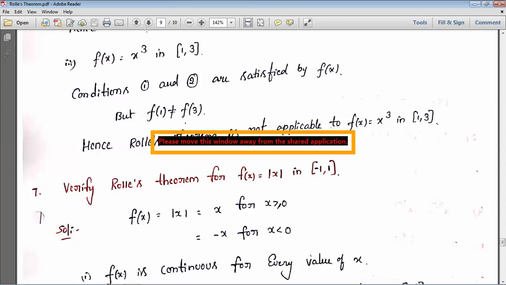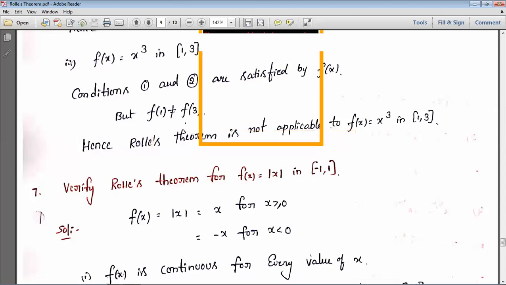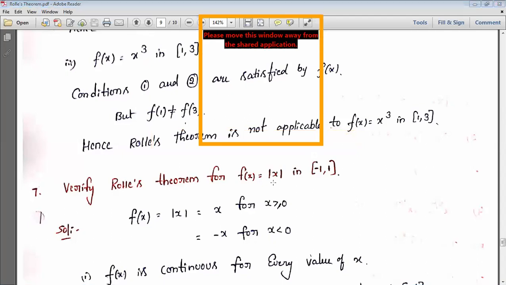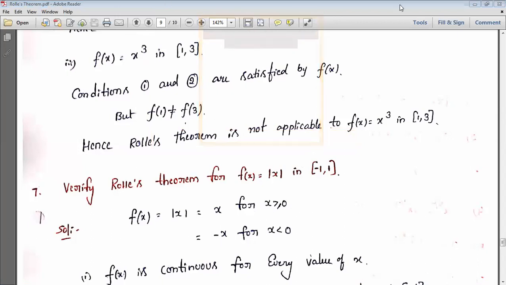So what is the function? f of x is equal to mod x, and I am using the definition of the mod function. Mod x is equal to x when x is greater than or equal to 0, and minus x when x is less than 0. If you take the whole line, the interval is minus infinity to plus infinity.